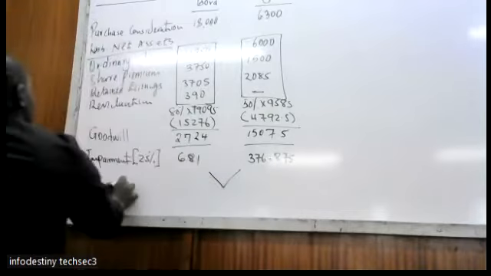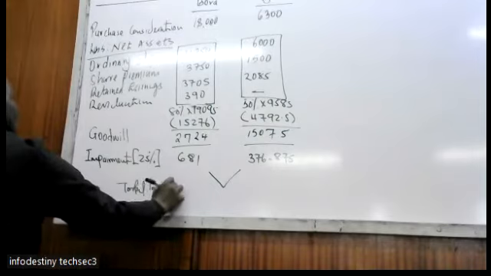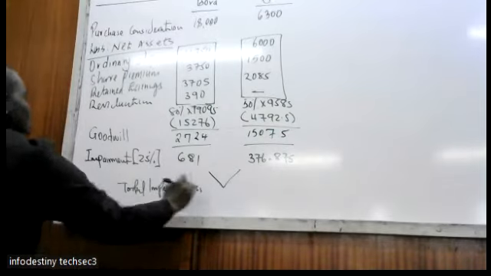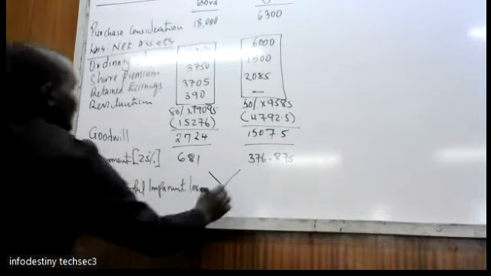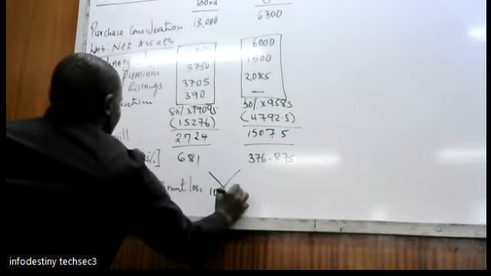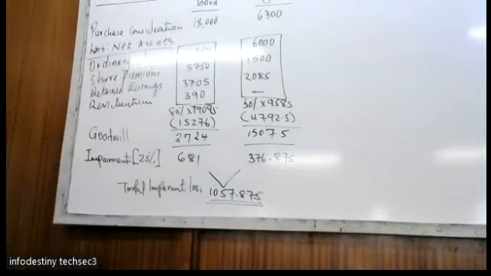So total impairment, add the two. Total impairment loss, add the two, 681, 1057.875. We are done with Roman 1 of that question.